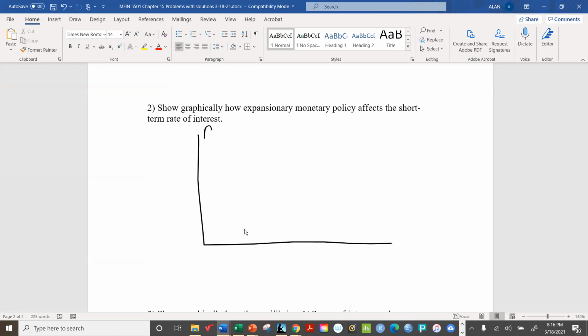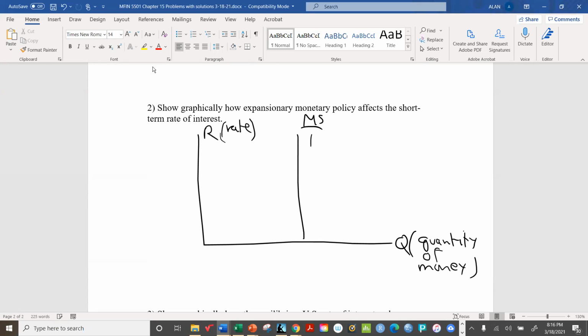On the vertical axis, we have the US rate of interest. Over here, we have the quantity of money. Here we have the US money supply. And remember, the money demand curve is downward sloping and it's designated L(Y, R).